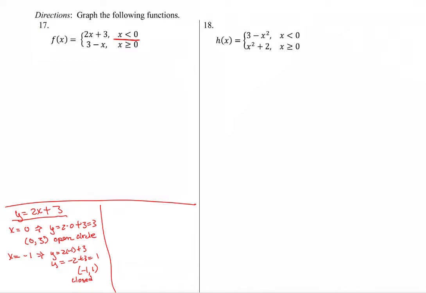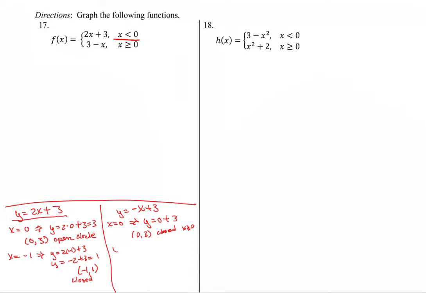Now we're going to look at the line y equals, and I'm going to rewrite this as minus x plus 3. And again, we're going to let x equal 0. Then we're going to have y equals 0 plus 3. So that gives us the point (0, 3). And that's going to be a closed circle because we have x is greater than or equal to 0.